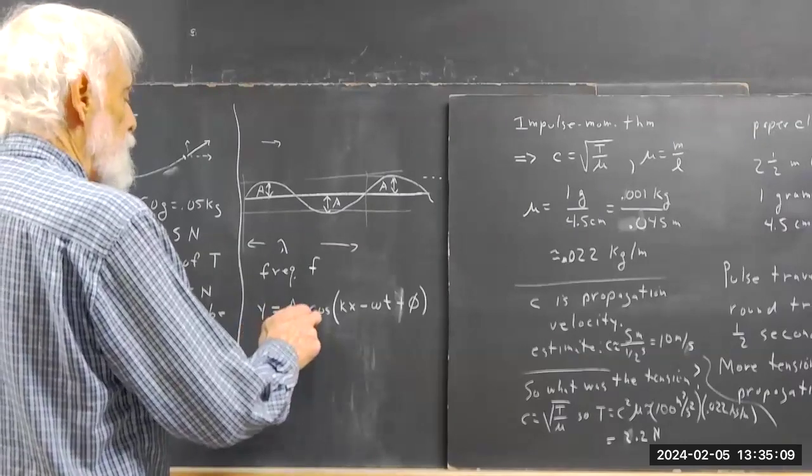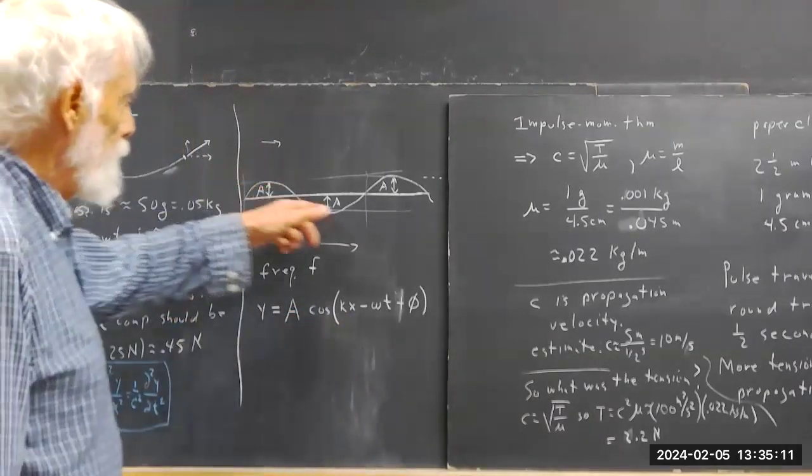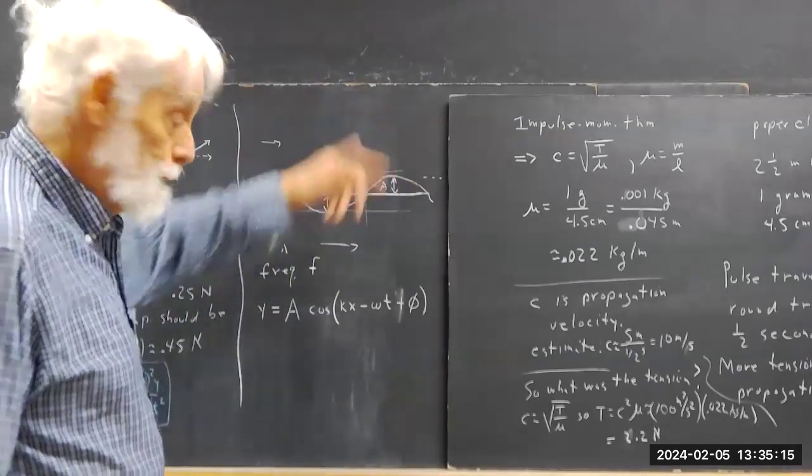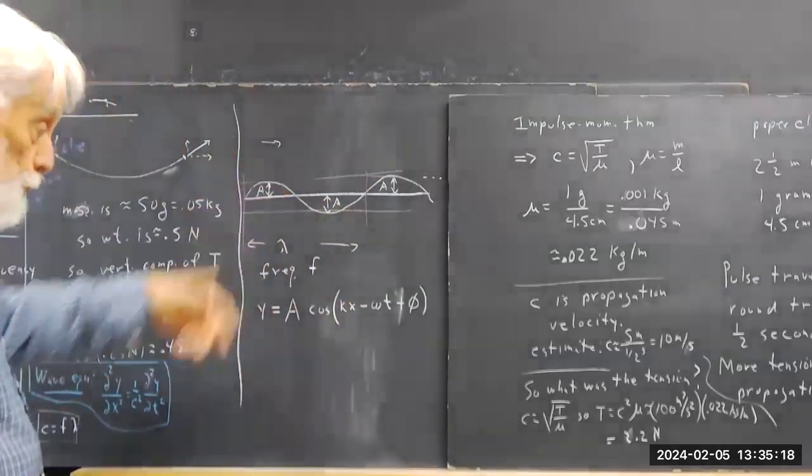It's obvious that this is going to give you a wave that looks like this with amplitude A, as cosine varies from -1 to 1.